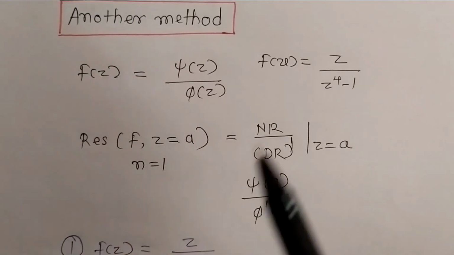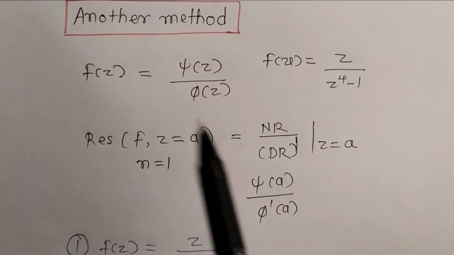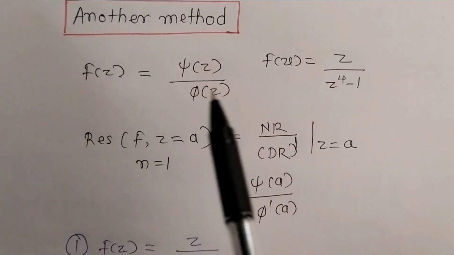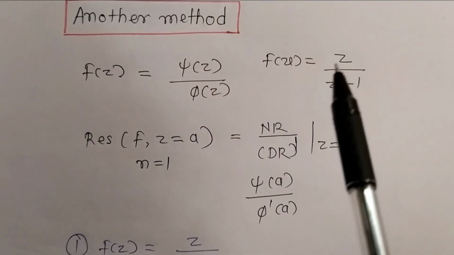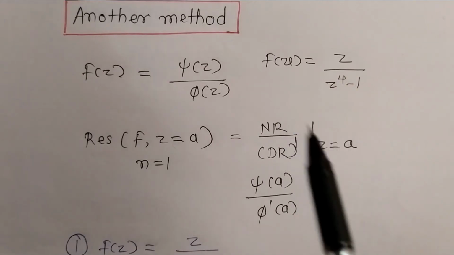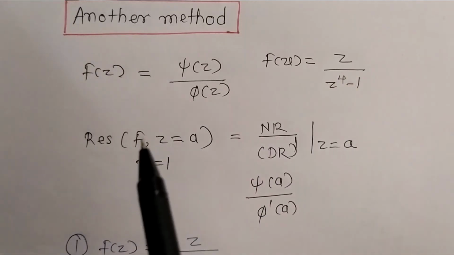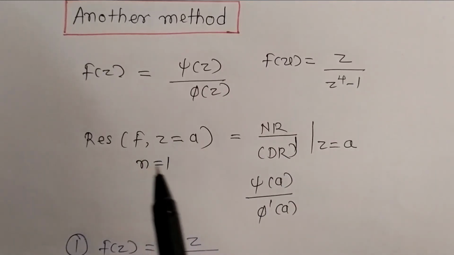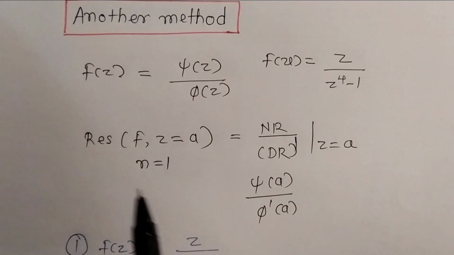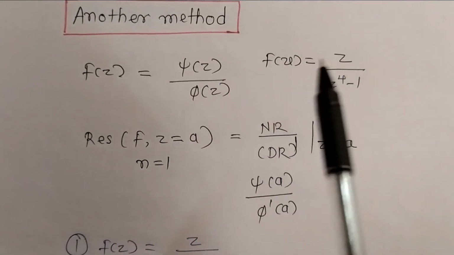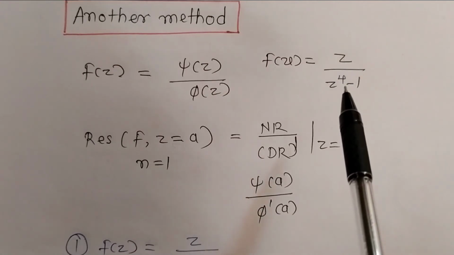Another method of finding residue: f of z is equal to psi of z upon phi of z, for example f of z is equal to z upon z raised to 4 minus 1. When we have to find the residue at z is equal to a, when n is equal to 1, that is, when the pole is of order 1, only then can we apply this method. This is the numerator, this is the denominator.